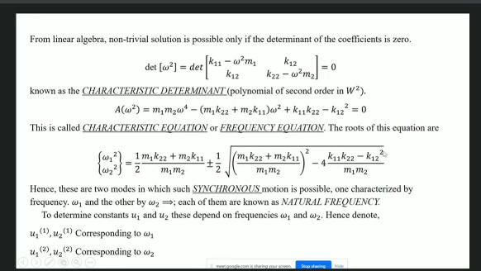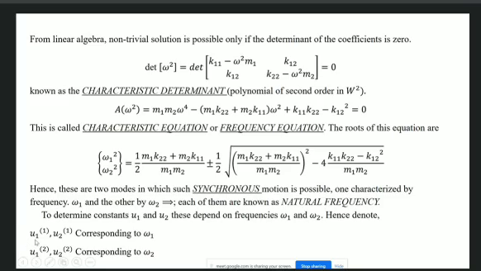this kind of a solution. There are two possible solutions. And corresponding to each value of omega, that is omega 1 and omega 2, we will have one vector which will be the mode shape vector.